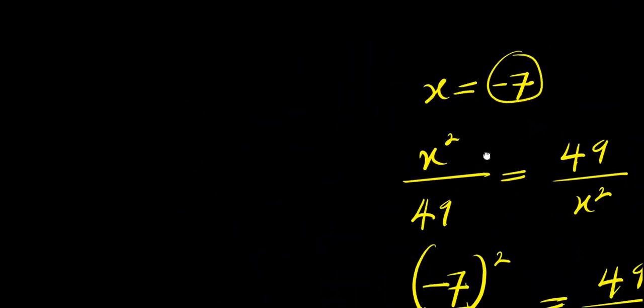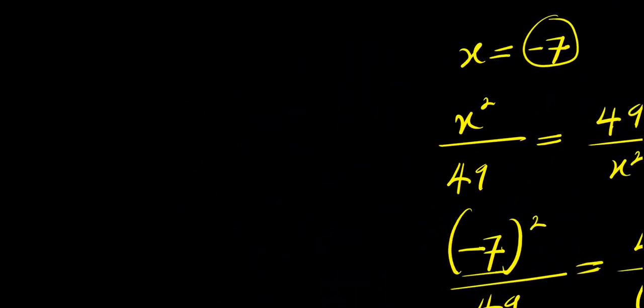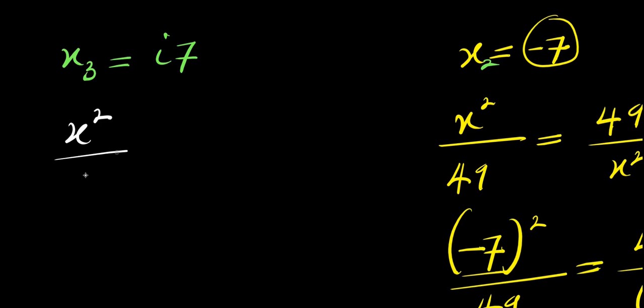Let's consider the complex values. So we start with x3, that is x3 equals i times 7. This was x2, and the previous one was x1. So x squared divided by 49 equals 49 divided by x squared.